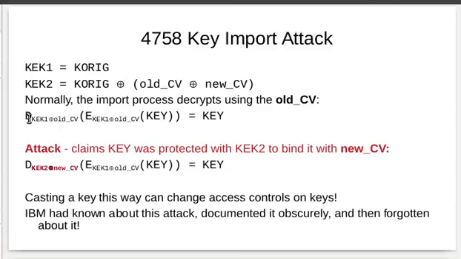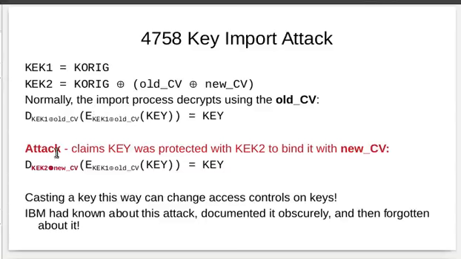It could just be a DES decryption step with this KEK1 exclusive ORed with the old control vector. Remember, control vector just means type, and so that implies access control. You're decrypting something that was encrypted using the exact same key, and that's how DES would work. They are symmetric encryption steps. The thing that was encrypted was the key, and so when you decrypt it, you get the key back.